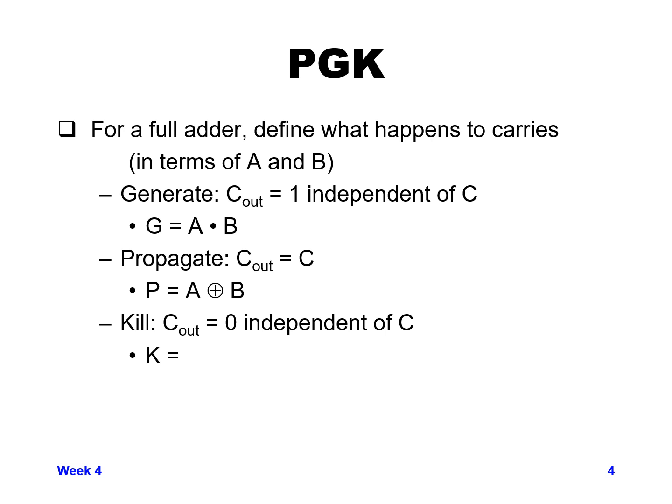And so that would be true if A and B are both 0, then we know that it doesn't matter what carry in is, we're going to send a carry out of 0. And so the value of that would be NOT A AND NOT B. So if both of them are 0, then we're going to send a value of 0 out. And so the kill would be true.